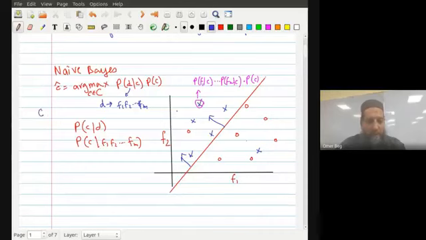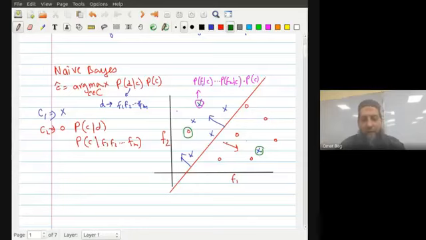Class 1 objects are labeled as X, and class 2 objects are labeled as circles. Anything above this line would be class 1, anything below this line would be class 2. Which means this would be classified incorrectly and this would be classified incorrectly.